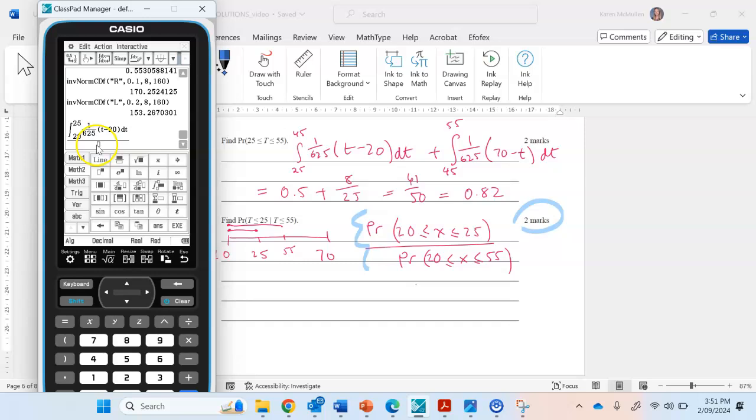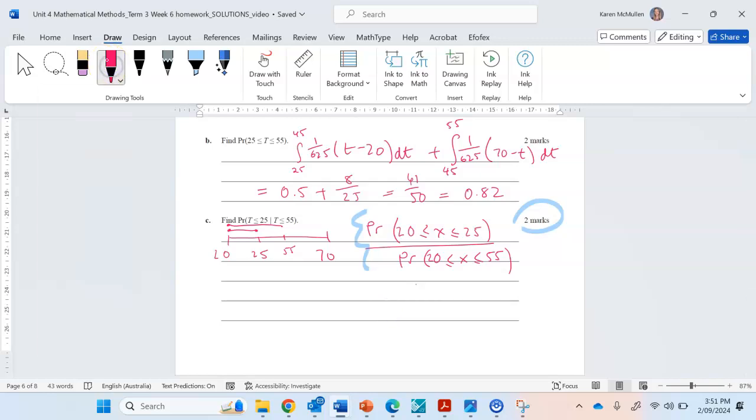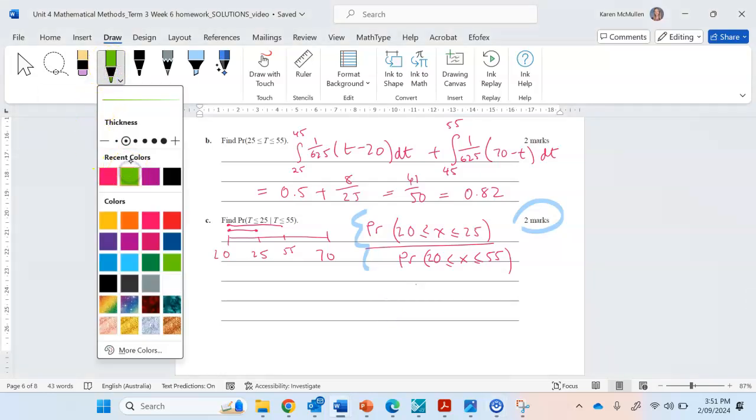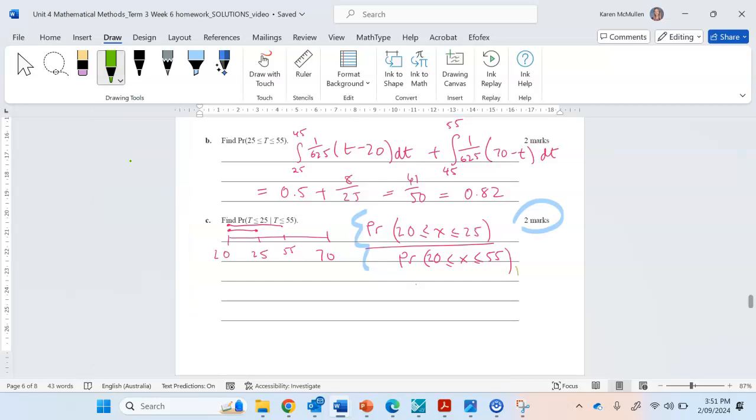And then the other one, now you could do two separate definite integrals, or you could do 1 minus what you don't want. So I'm just going to write that here. So this part here can be 1 minus what we don't want, which is the probability that x is greater than 55.